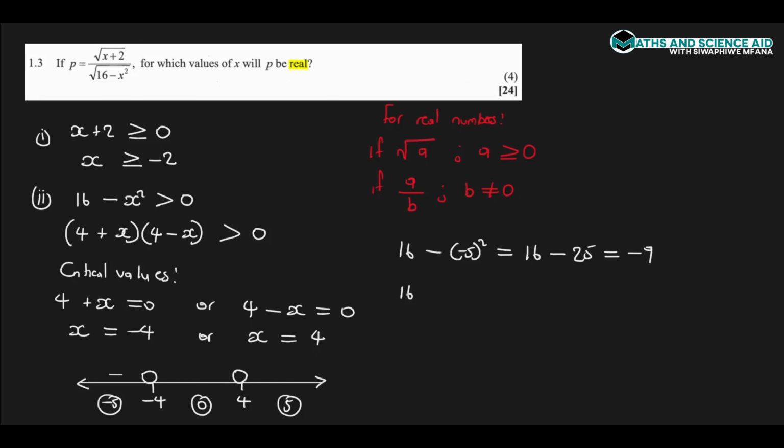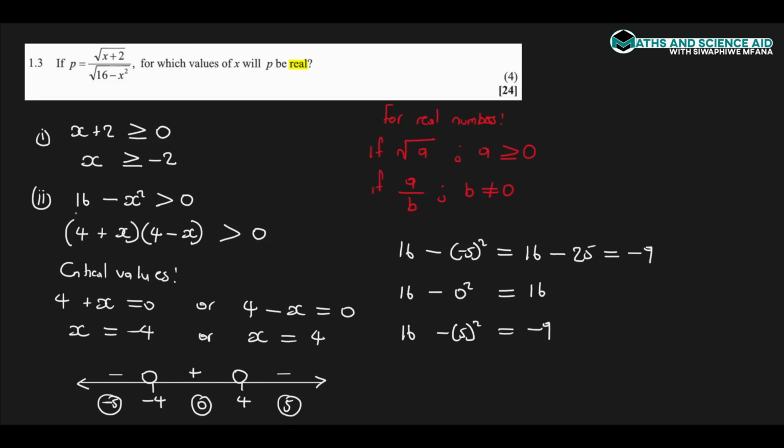Now let's substitute in 0, so we'll have 16 minus 0 squared, and that will simply give us positive 16, meaning that for values of x that are between negative 4 and positive 4, our expression is positive. And now we can substitute in positive 5. And obviously this is going to give us negative 9, just like the first calculation. So it means that for values of x that are greater than 4, our expression is negative.